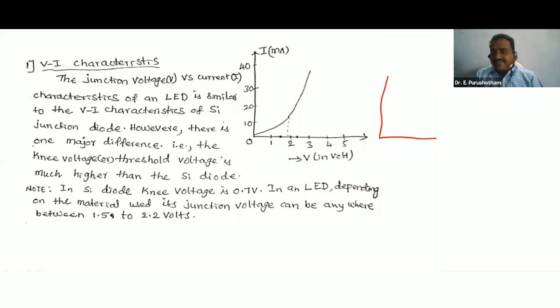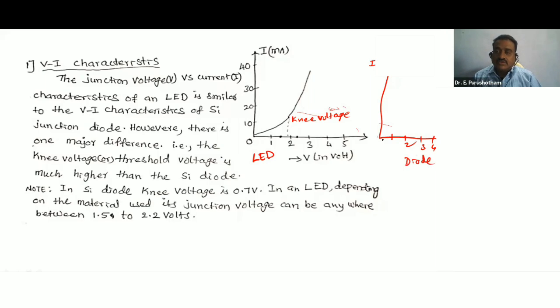Take voltage on the x-axis and current on the y-axis. This is 1, this is 2, this is 3, this is 4, and so on. What is this voltage? This is the knee voltage, or cut-in voltage, or threshold voltage, for the LED, light emitting diode. This other one is for the normal diode.